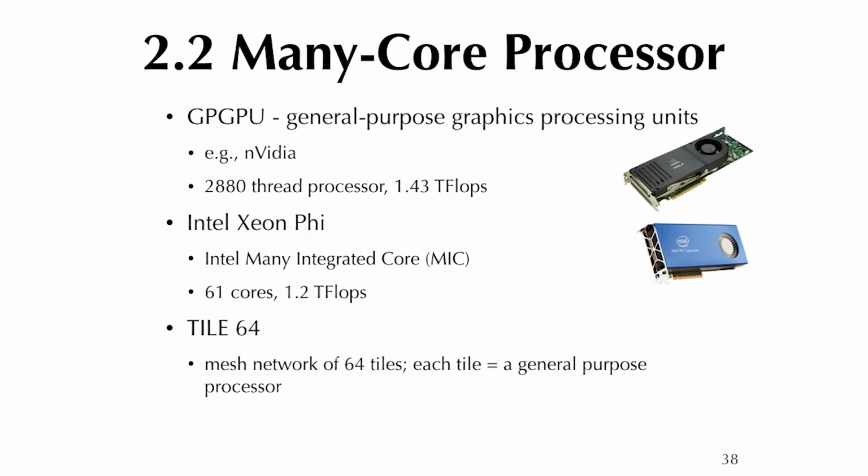Like these GPUs, you may have heard of, right? General purpose graphic processing units. They were initially used for accelerating graphics operations like ray tracing, the layering, all that. But then they became used for general purpose, and now a lot of them are used for machine learning as well, which is also very high demand for computation.